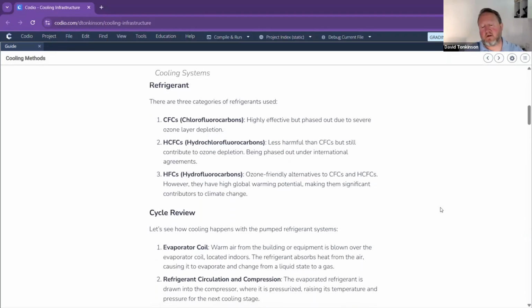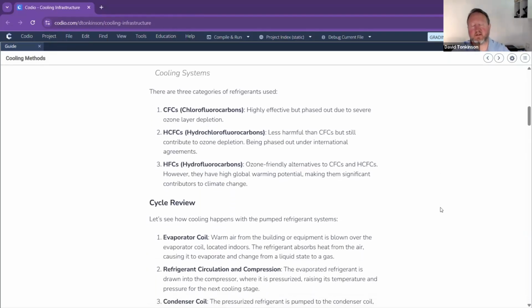These are ozone-friendly alternatives to CFCs and HCFCs. However, they have a high global warming potential, making them significant contributors to climate change. So we're either depleting the ozone or causing climate change. To be honest, we are generating an awful lot of heat in data centers. It's not massive in terms of the scale of global warming, but it's still a contribution all round, so how we manage it is good.